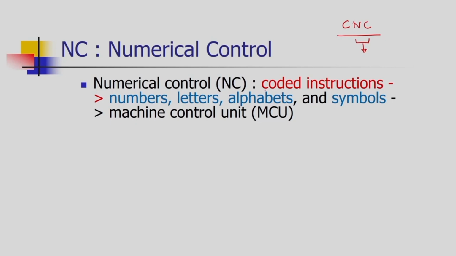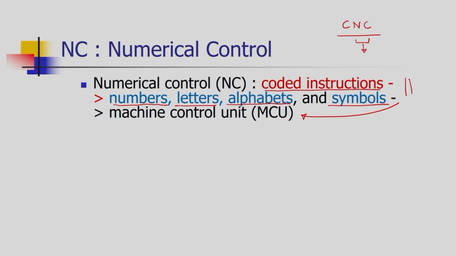In this numerical control, we are using coded instructions. These coded instructions have various numbers, letters, alphabets and symbols. These coded instructions will be fed to the machine control unit.